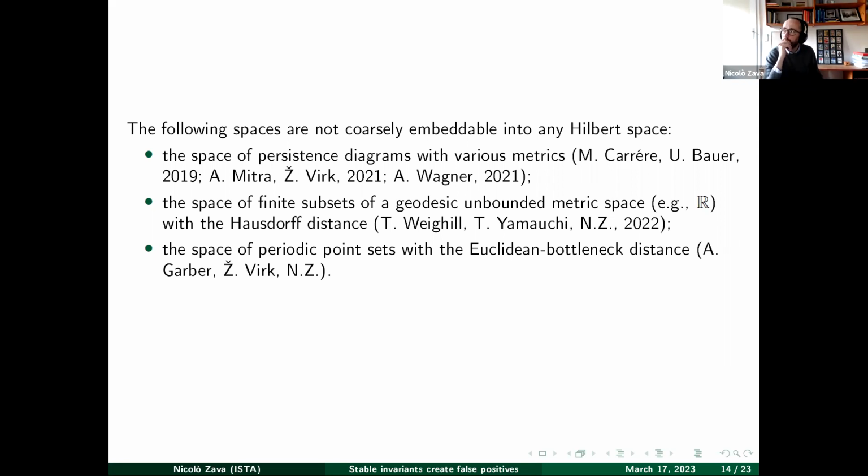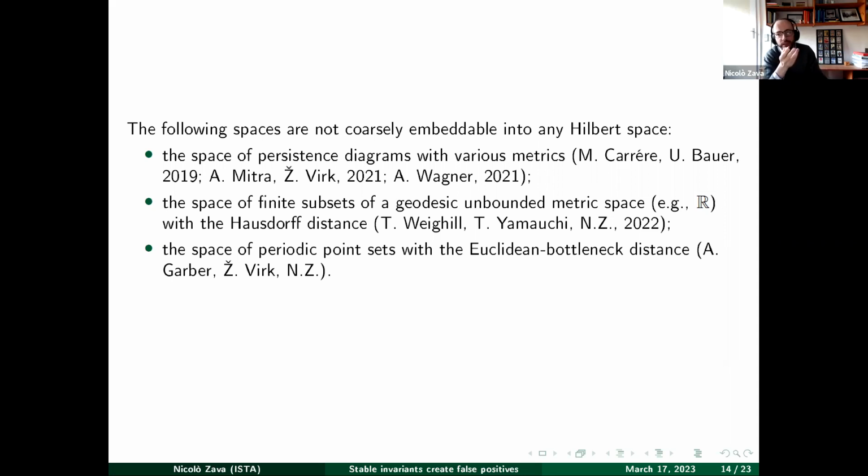Of course you can always embed your space by saying that every point is going to be the characteristic function of that singleton, but still there is a problem with the metric, because it's probably going to be too big a space to be metrizable, or it's not going to be Hilbert.